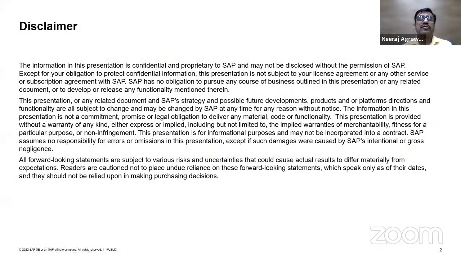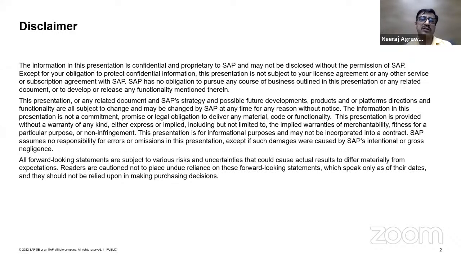Before we start, there's a disclaimer, because what we are going to present is SAP proprietary information. So this is confidential, of course. Some of the things would be future development, which may come at a later point of time. Because it's not released, there could be changes.